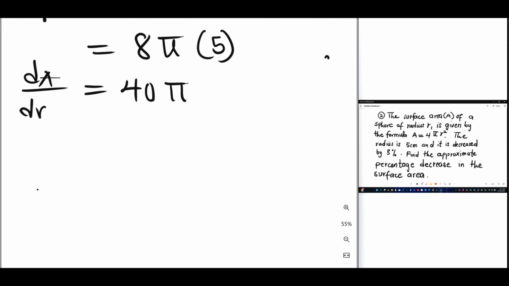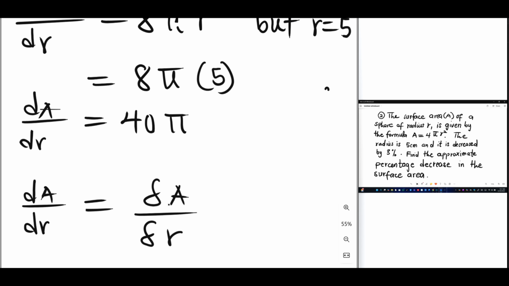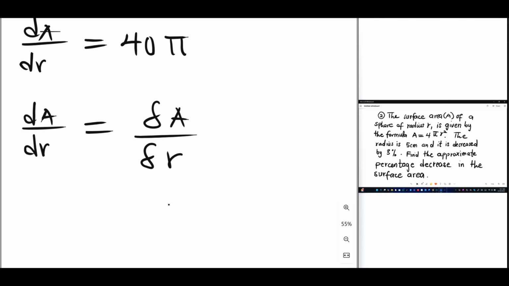Now we know that dA/dr is approximately the same as the small change in A divided by the small change in r. We know the small change in r to be -0.15. So we bring it here.